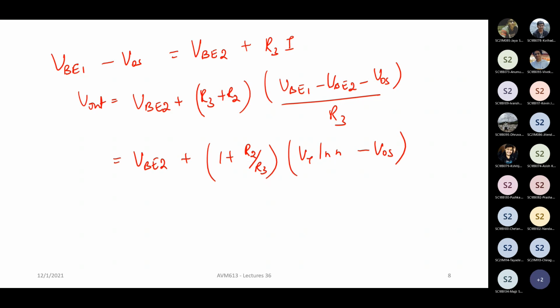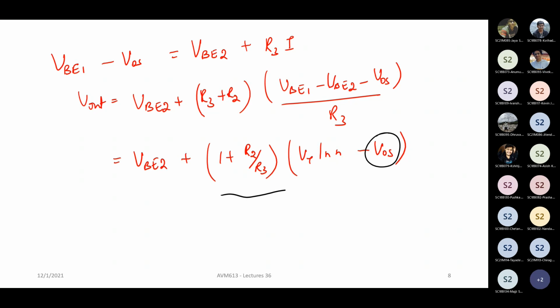Basically, this offset voltage term is multiplied by this factor of 1 plus R2 by R3. In the previous example, we took R2 by R3 as 4, so if you have a 10 millivolt offset of your op amp, the final output voltage is going to have an error of 50 millivolt.